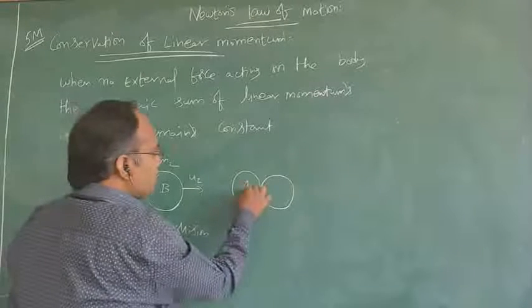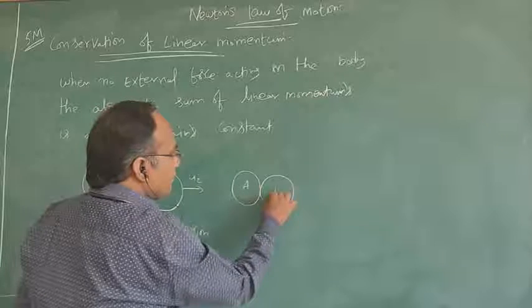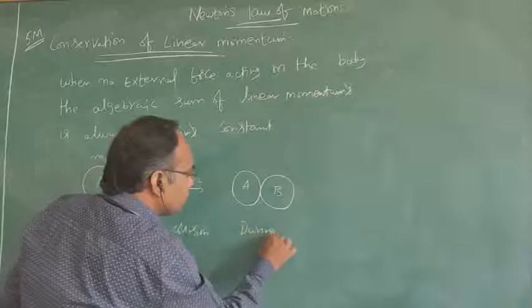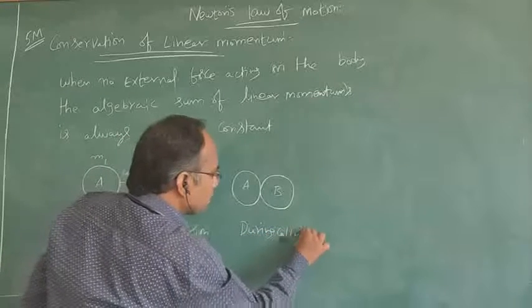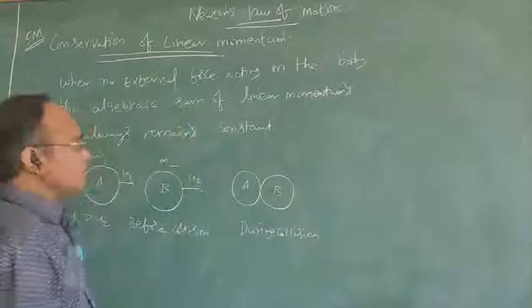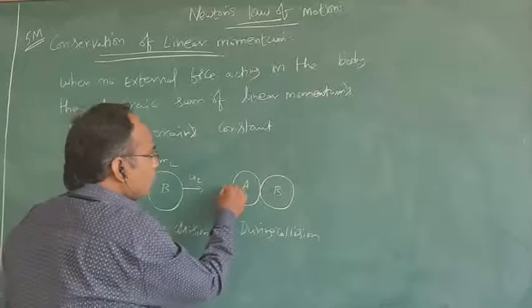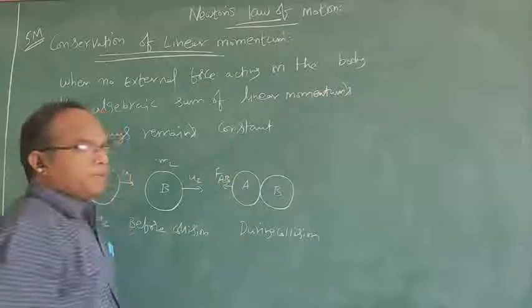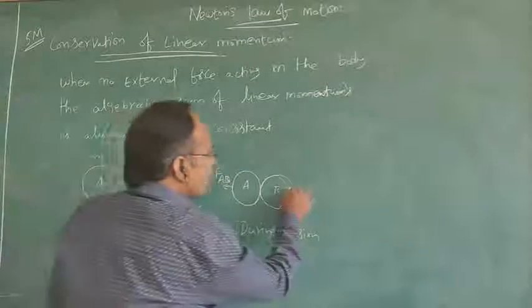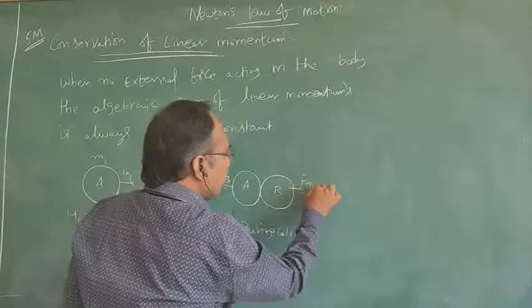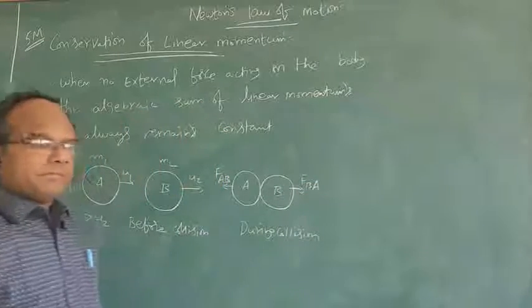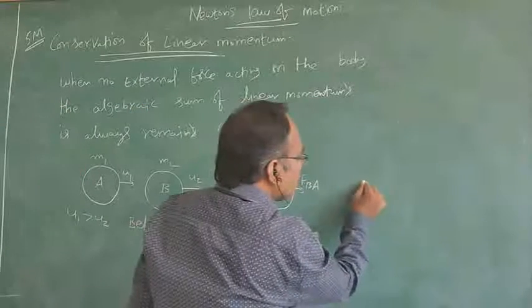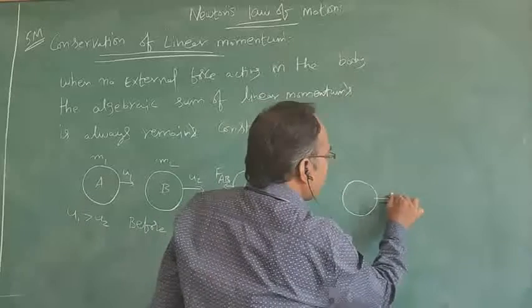So here I am naming this as A and this as B. During collision, we will write force on A due to B, and force on B due to A. And after that, they again move with final velocities.